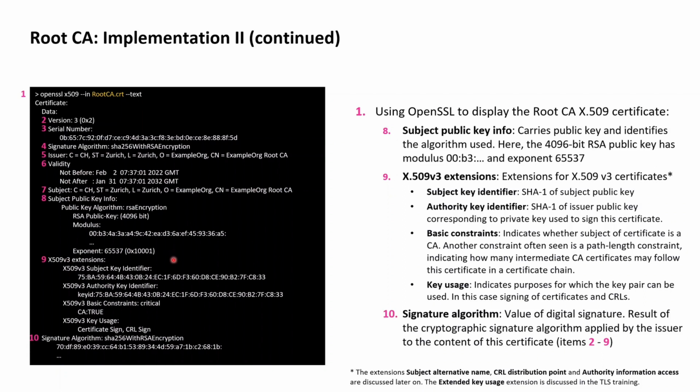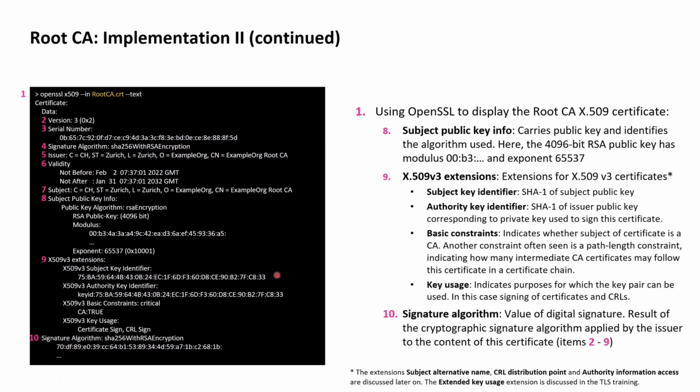Field 9 is then the field containing various X.509 version 3 extension fields, which are simply just additional fields helping to narrow down the validity of the certificate. The first two extension fields list a SHA-1 hash of the subject public key and the issuer public key.